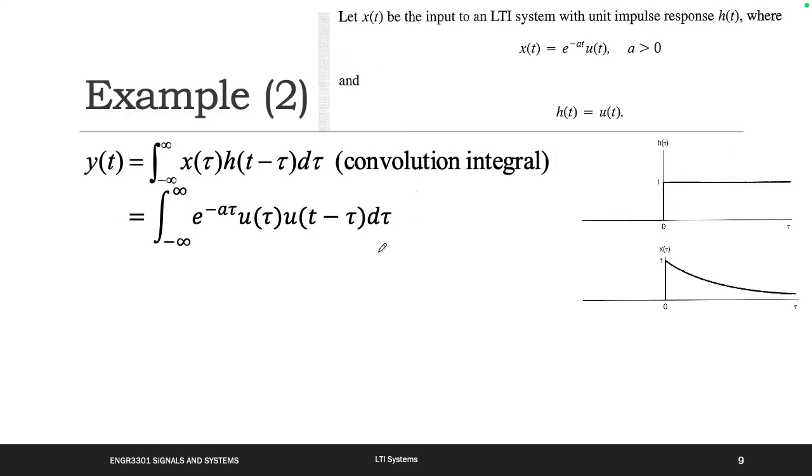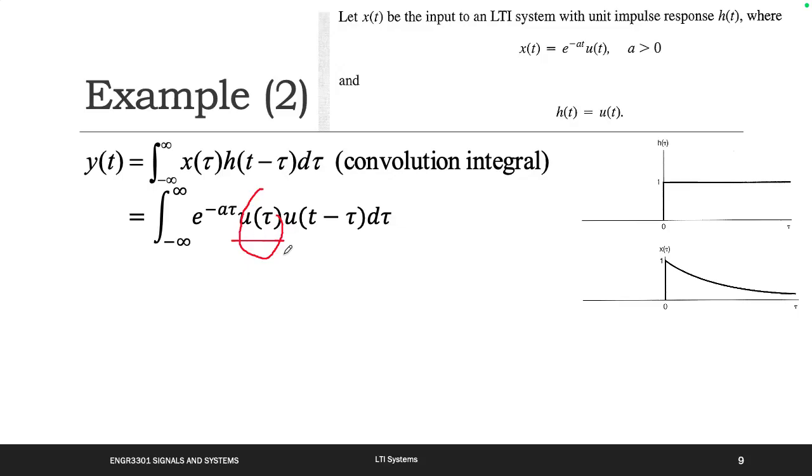Firstly, let's try to remove the u(tau) term. If we want to remove it, what does that mean? If tau is smaller than 0, this term will be 0, so it will disappear.